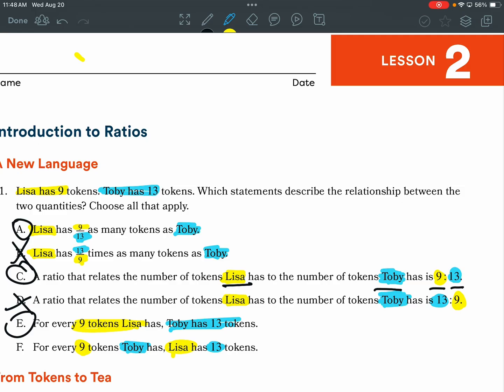What'd they do again? They switched it. They like to do that. They like to mess with you.